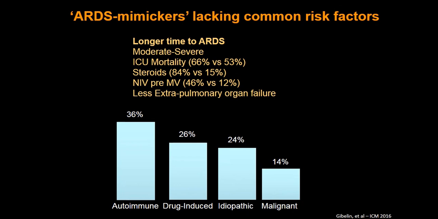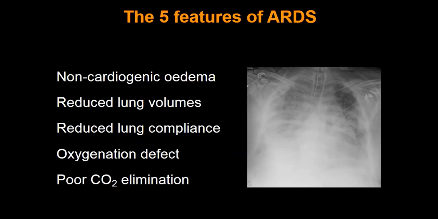The greater mortality, 66 versus 53, more steroids used, more NIV pre-mechanical ventilation, and they tend to be single organ failure, so the lungs, and that's the cause of death rather than shock or extra organ failure. And you can see there at the bottom the split between autoimmune, drug-induced, idiopathic, and malignant.